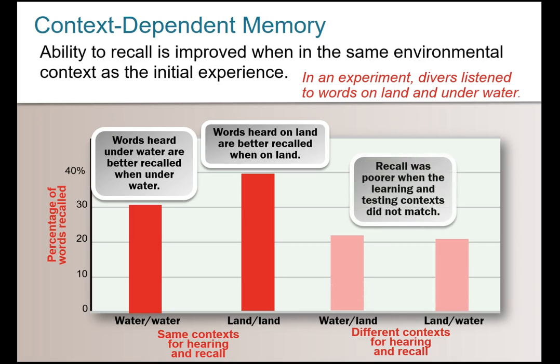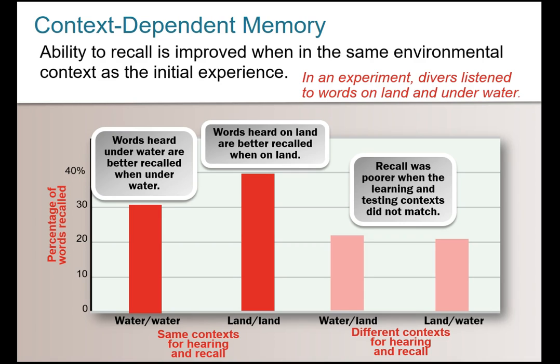You can see the comparison: people who learned the list of words underwater, when they recalled them on land, their recall was not as good. And likewise, the people who learned the list of words on land did not recall as many words while they were underwater.